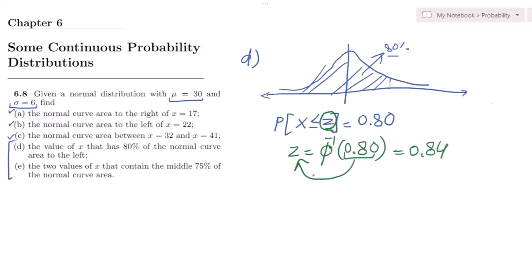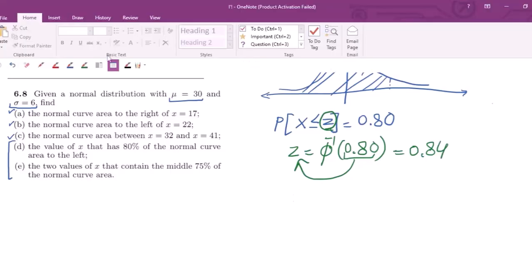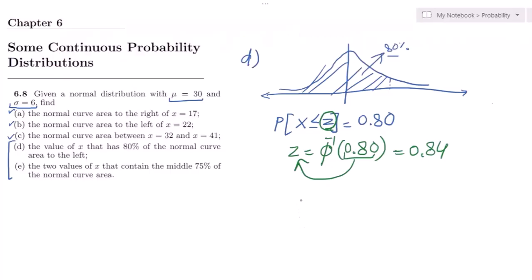Now in order to find the value of x, what do we have to do? In order to find the value of x here, we know that previously we calculated the value of z from our value of x as x minus mu divided by sigma. So on the basis of it, we can use x equals mu plus z multiplied by sigma.